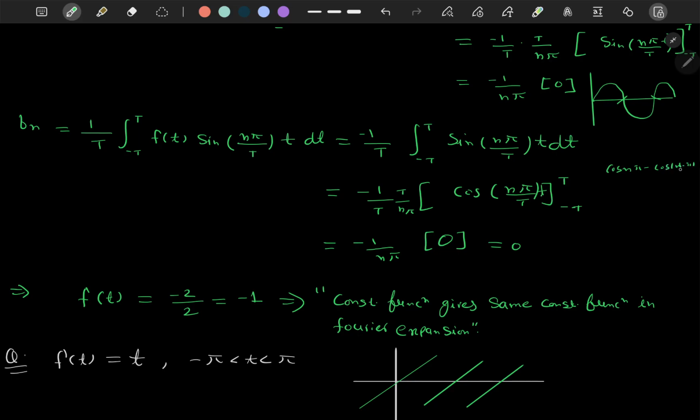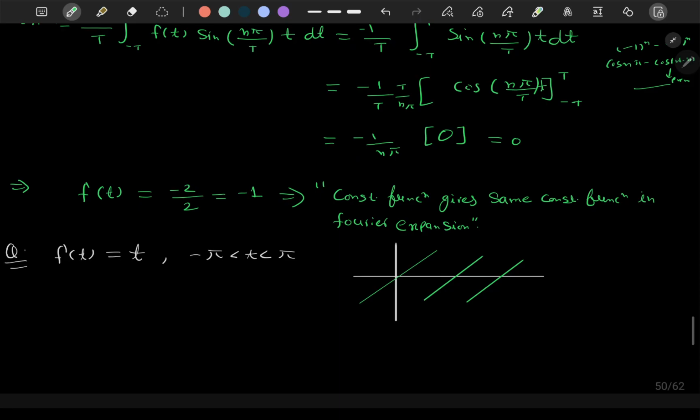And cos is an even function. Because cos is an even function, cos minus theta equals cos theta. So both have value minus 1 raised to the power n, so it will be 0.